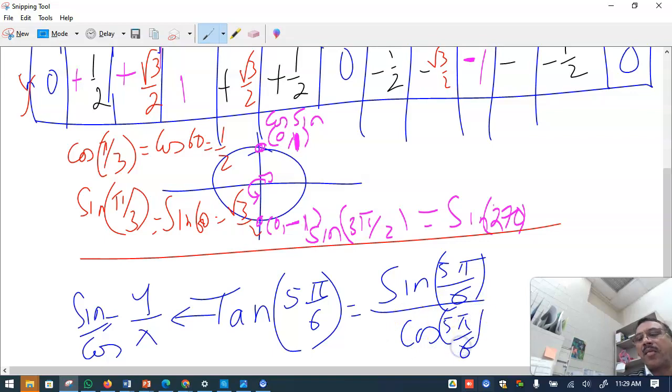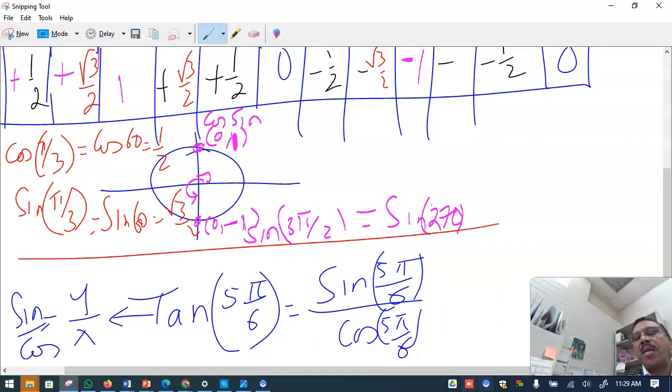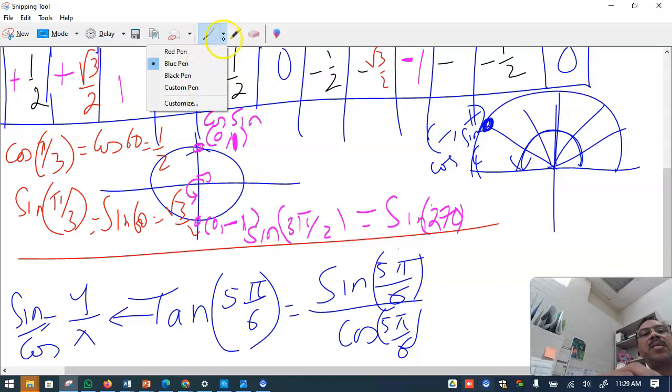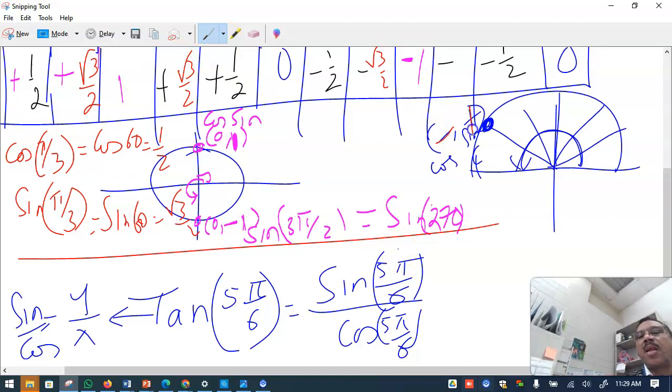Then the question is, where is 5 pi by 6? Pi by 6 is 30 degrees, and one semicircle gives you 12 pi by 6. So 5 pi by 6 is counting 1, 2, 3, 4, and 5. That's in the second quadrant, which is minus and plus for cosine and sine. So all you think of are only the signs, minus and plus.